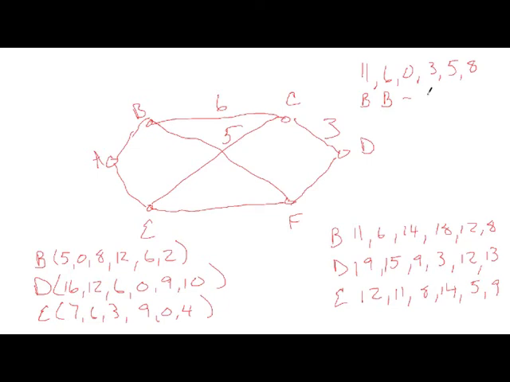D is a direct link, so everything to D goes to D. E is a direct link, and obviously there are other routes to get there, but notice that E and then obviously for the last one we take 8, and it came from B. Here are our routes and here are our costs.